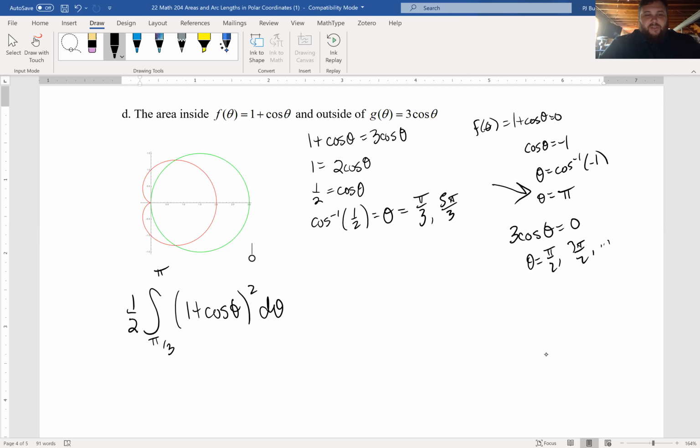Now the area of the circle is inside of that guy. So if we want to take the area outside, right, we need to subtract. And then we've got starting at pi over 3 again, but the circle only needs to go to pi over 2.